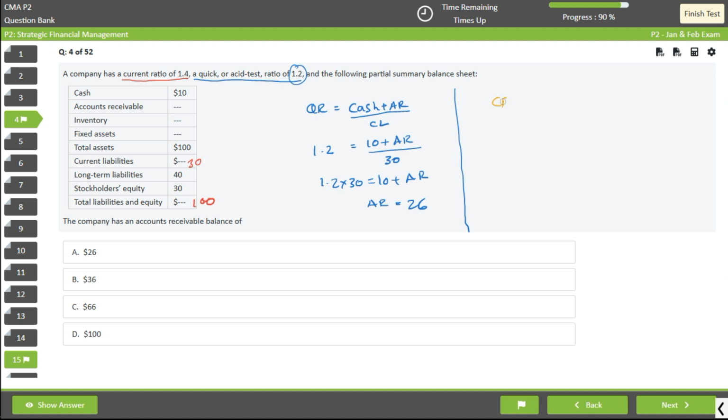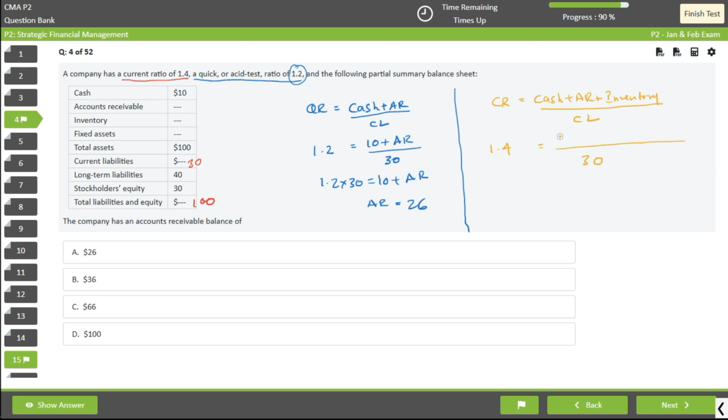Now current ratio. So current ratio is equal to cash plus accounts receivable plus inventory by current liabilities. So the current ratio we have 1.4, and the current liabilities we know it's 30.